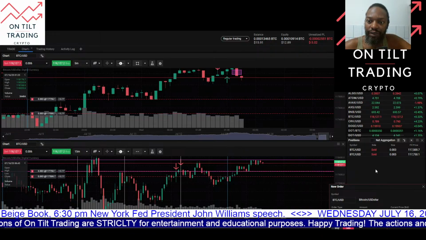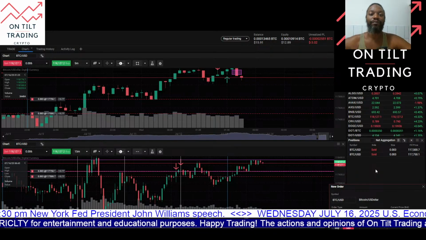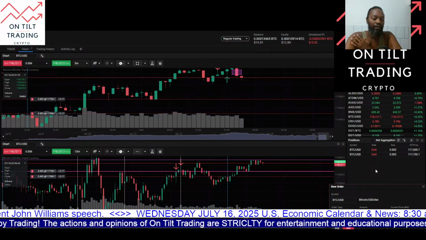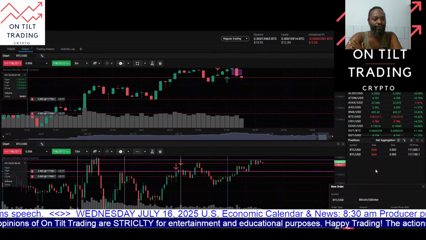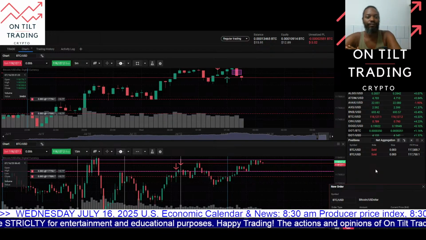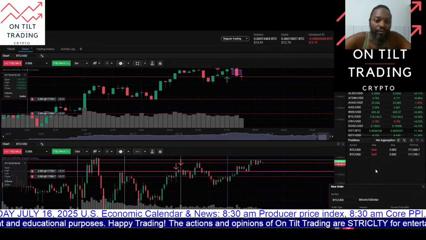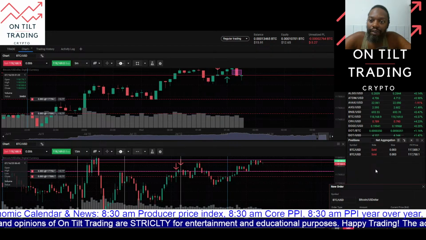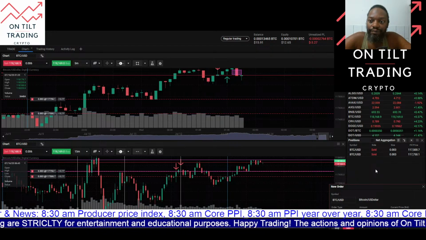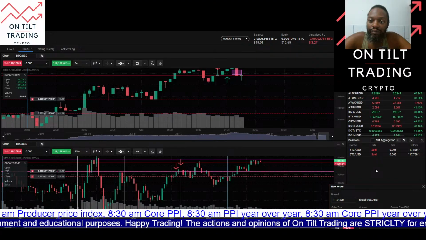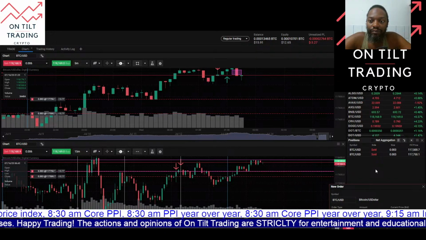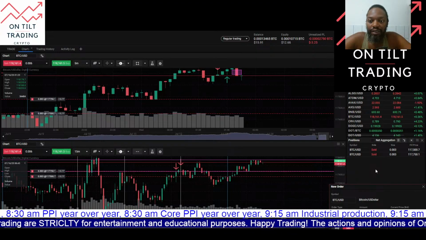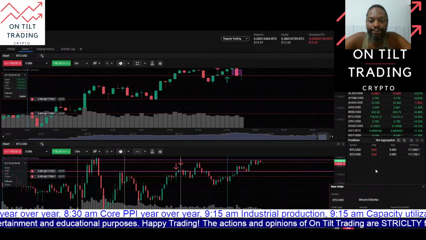Price holding here at the 118.120 level. Buy side delivery here. Price trading in between 118.150 and 118.180. Consolidating.